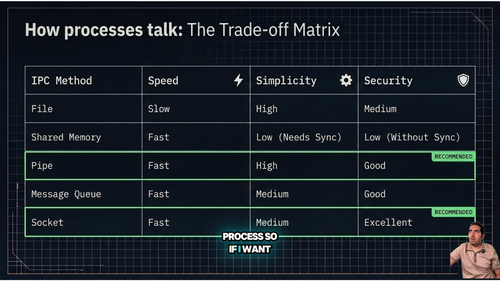Now let me explain how processes talk and what the trade-offs are between each mechanism. There isn't just one way to do IPC. It's a matrix of trade-offs. Files are simple, for example, but they are slow.